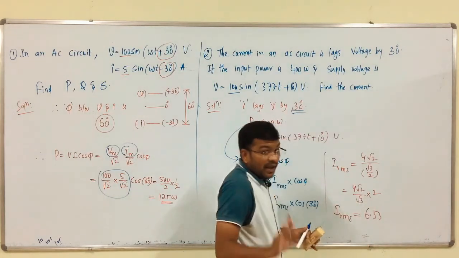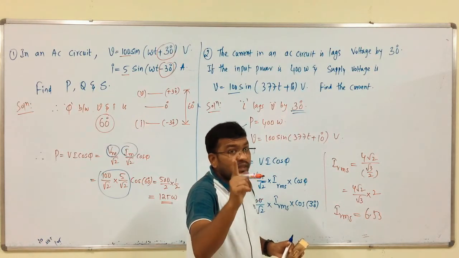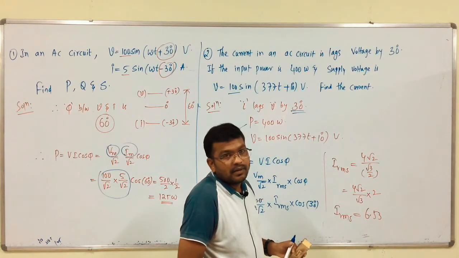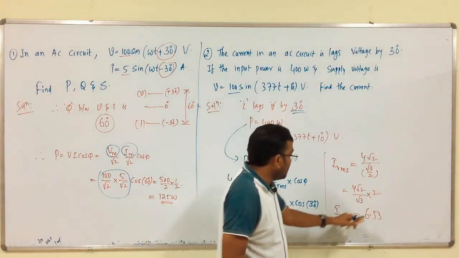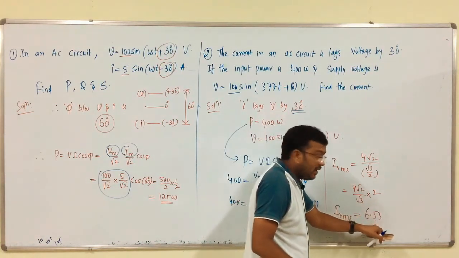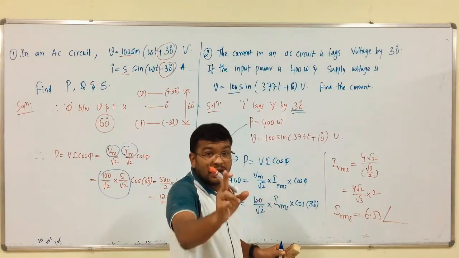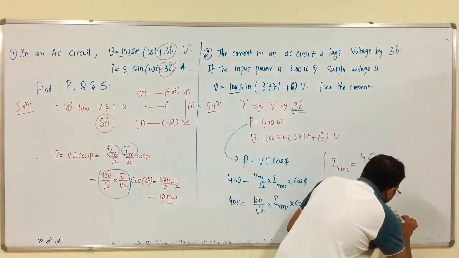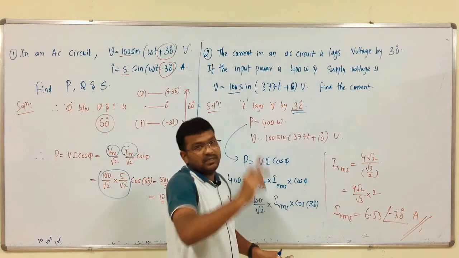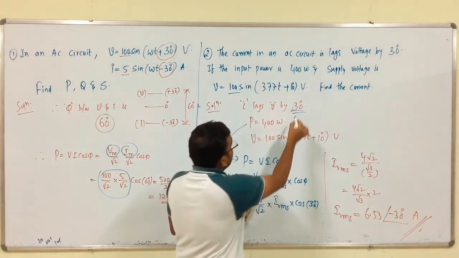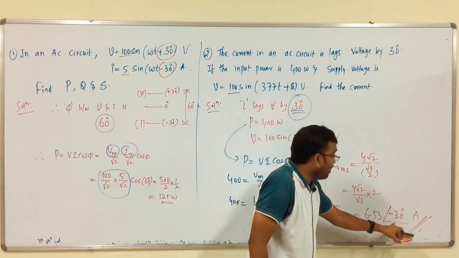So Irms is nothing but 6.53 amps, correct, but you have to write it with phase angle because the excitation is AC, not DC. The current is 6.53 at an angle, what is the angle? Current lags voltage by 30 degrees, so the angle is minus 30 degrees. You have to write this phase angle at last: 6.53 at an angle minus 30.